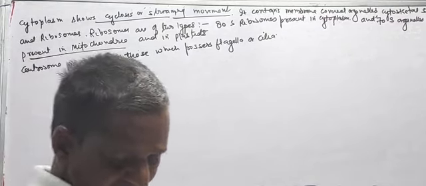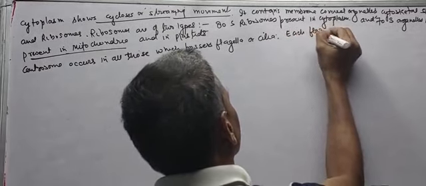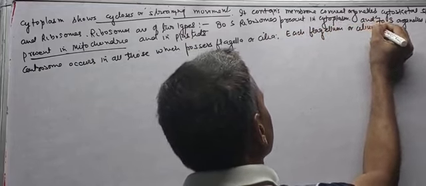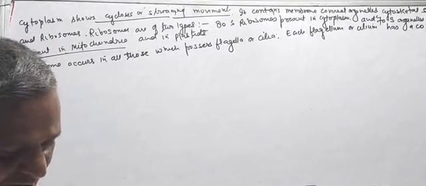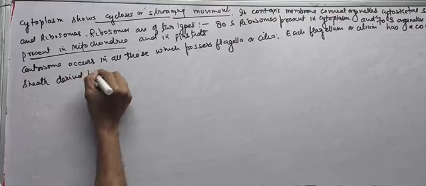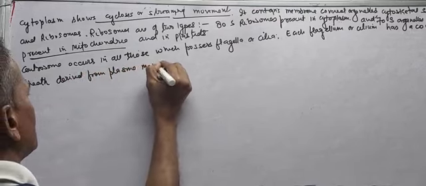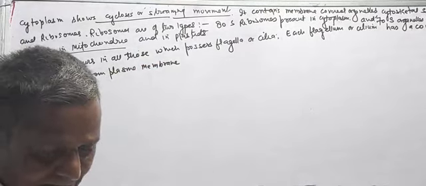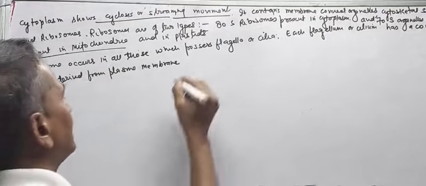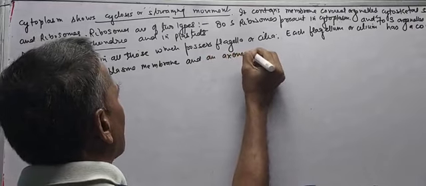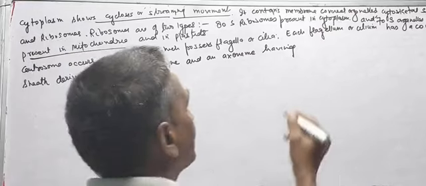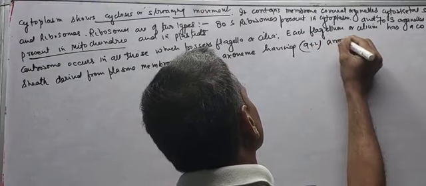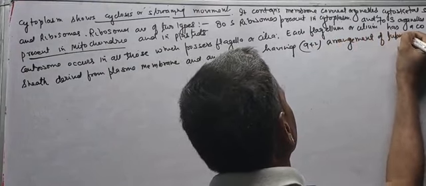Each cilium or flagellum has a covering sheath derived from the plasma membrane and an axoneme having nine peripheral plus two central arrangement of tubules.